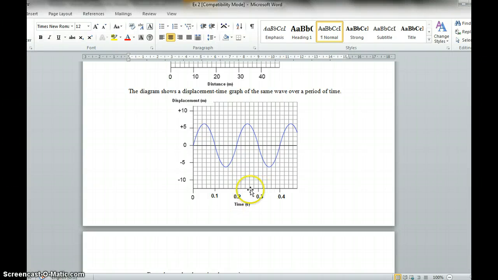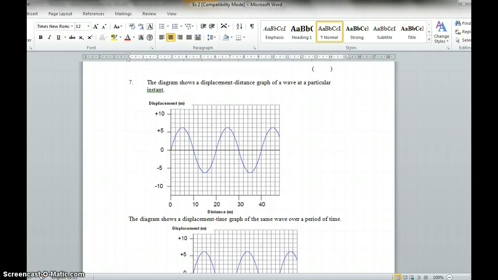And depending on the horizontal axis, you can get different information directly. For the first graph, we can only obtain, of course, amplitude and wavelength, the length of one complete wave. In this case, 20 meters will be the wavelength. This is one complete wave. We cannot obtain frequency, we cannot obtain period directly.